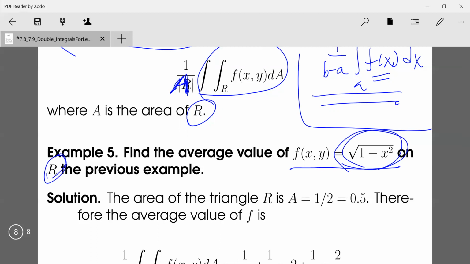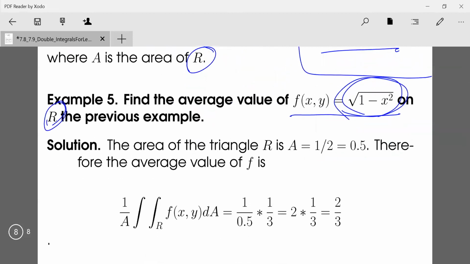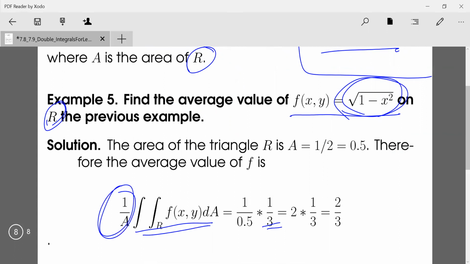Well, we already calculated what we need: the integral, which is 1/3. And we need to divide by the area of this R, a right triangle with 2 legs of length 1, so the area is 1/2.